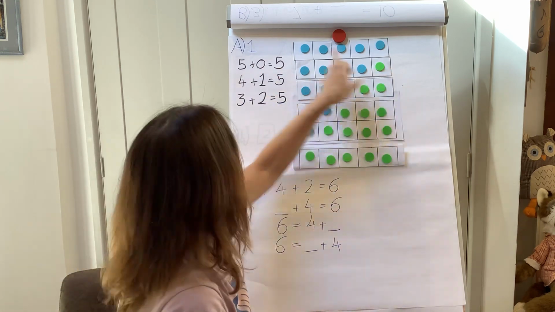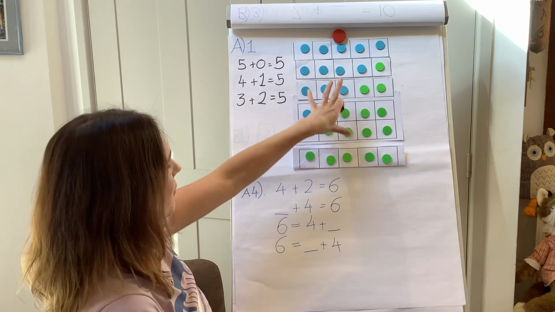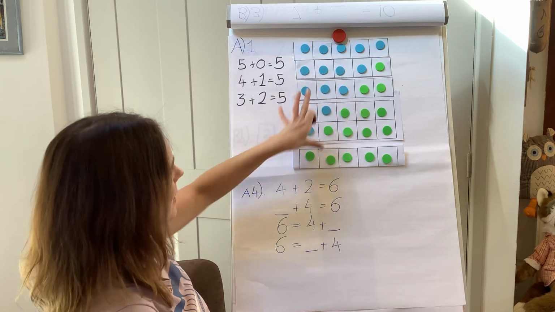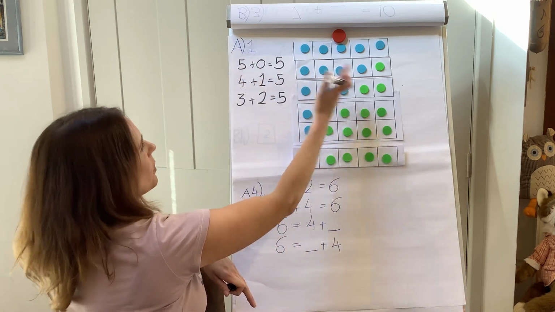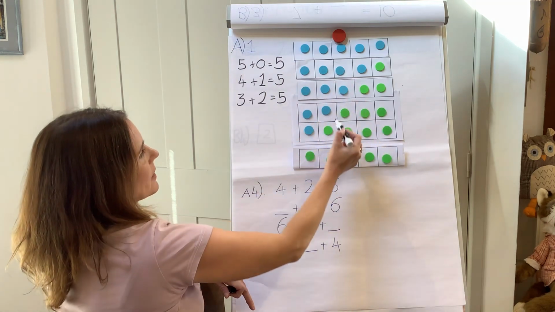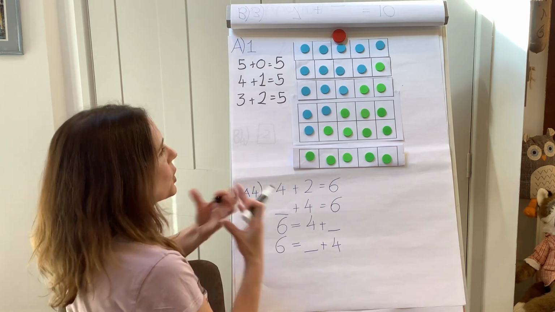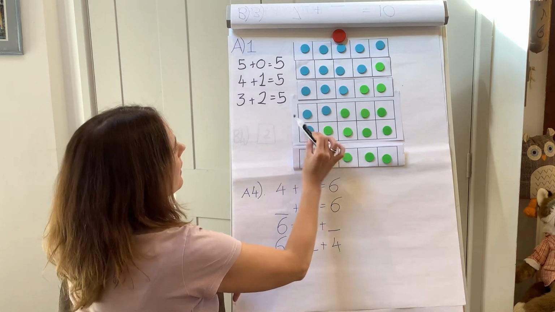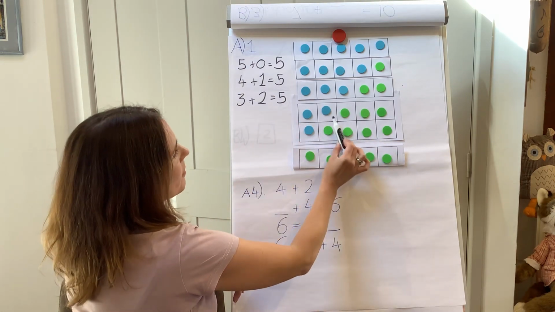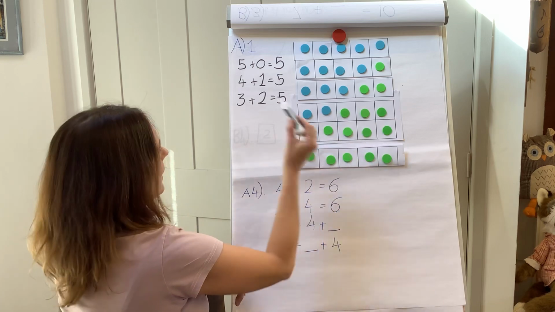Now you could just make these the other way round, but I've worked systematically, going down the numbers, taking 1 off the blue counters each time, adding 1 more to the green counters to make sure I get all the possibilities. And then it turns round here. There are more green counters than there are blue counters.